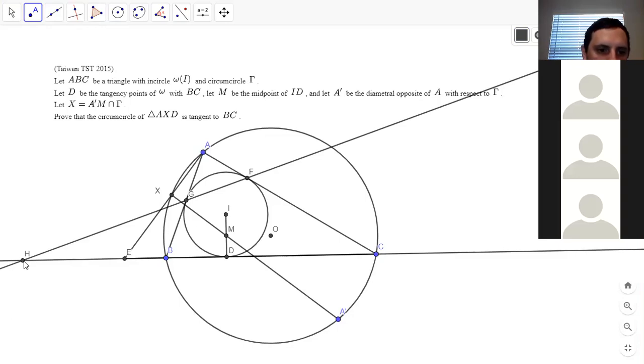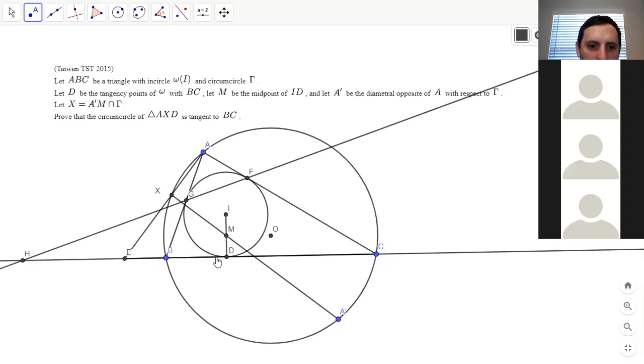E would be the midpoint of HD. Interesting. Because we want to show that EB times EC is ED squared, and that's the same as showing that E is the midpoint.